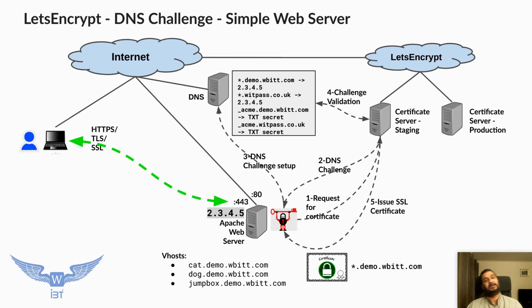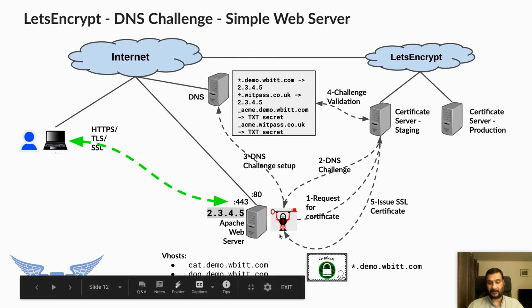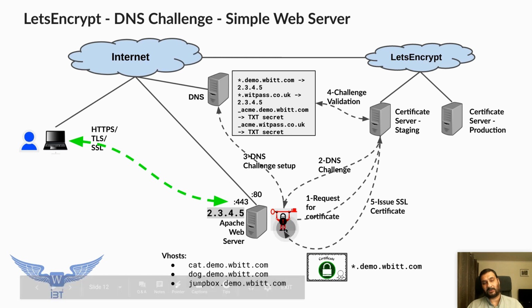And when it gets it and sees that the secret mentioned in the text record matches the secret which it gave to certbot, then it means that this server is who it claims to be, and it hands over the SSL certificate to certbot, which in turn goes into the file system and places it under a certain directory.